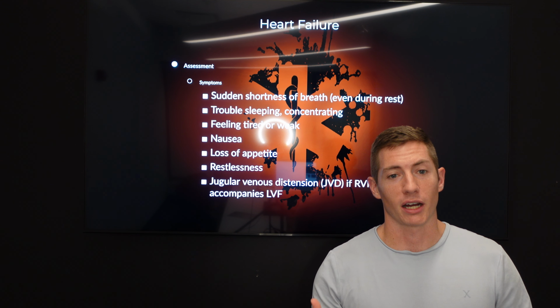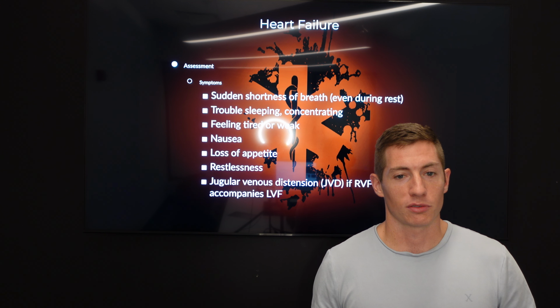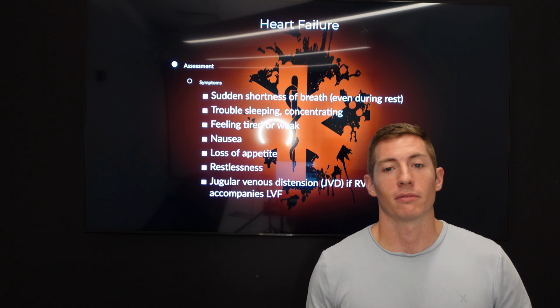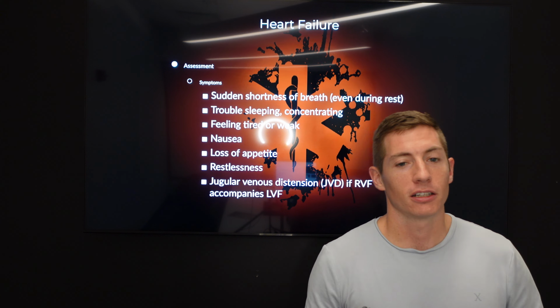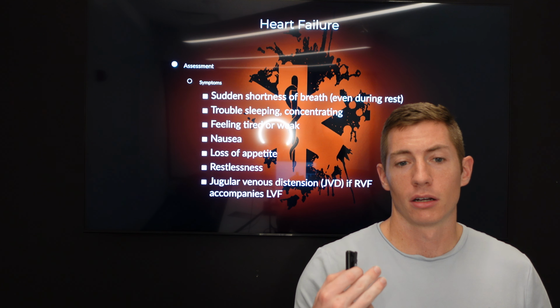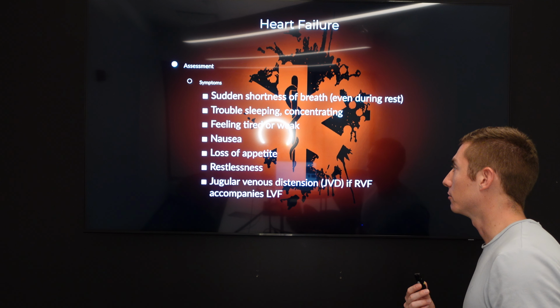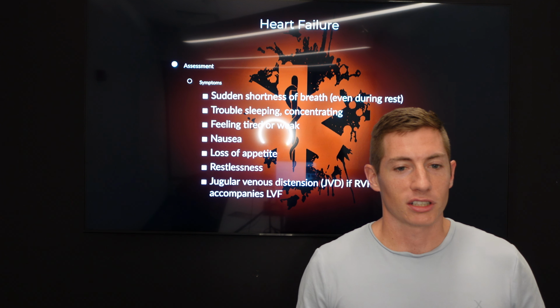Assessment, the patient report. What we're finding is a sudden onset of shortness of breath, or shortness of breath that worsens over a period of hours or days and persists even at rest. The likelihood of cardiac origin is greater if the patient has a history of heart attack, high blood pressure, valvular disease, or other cardiovascular conditions.